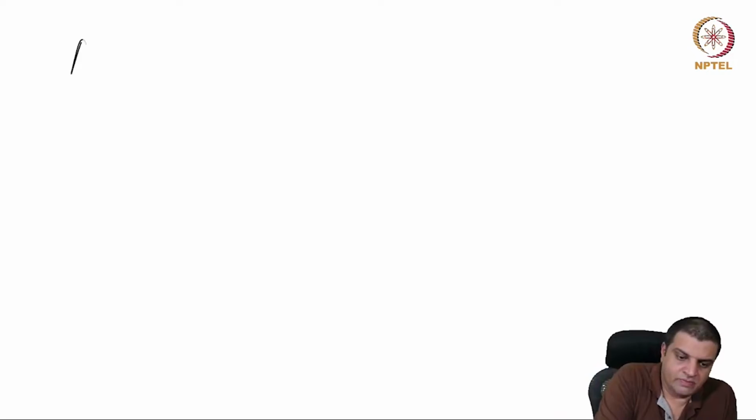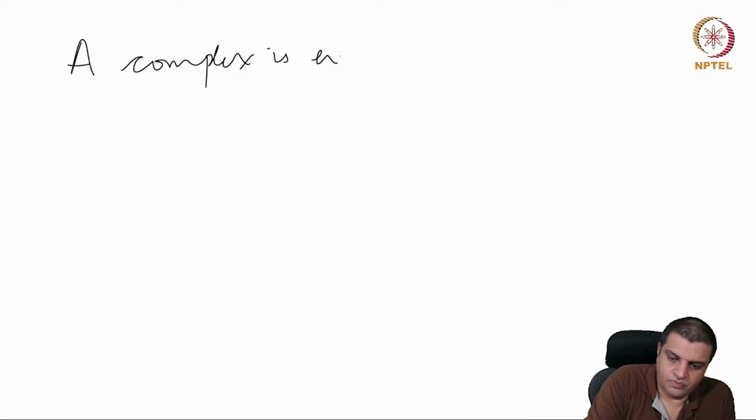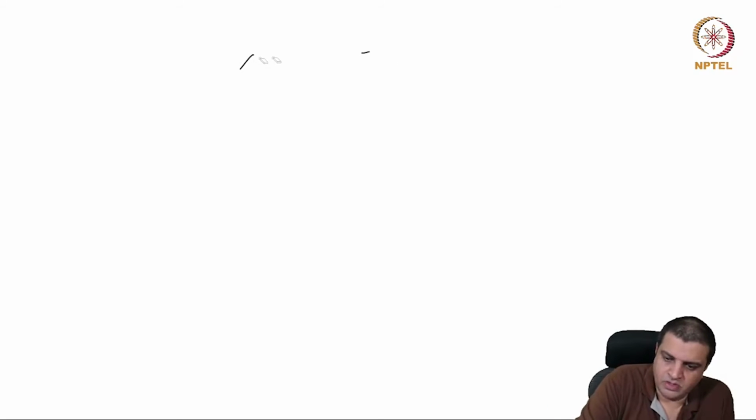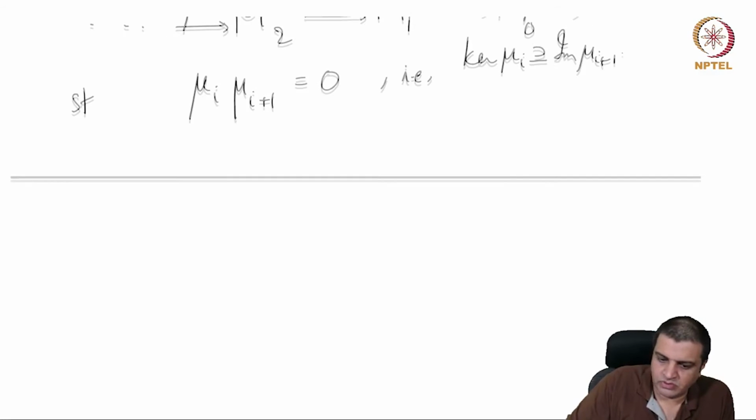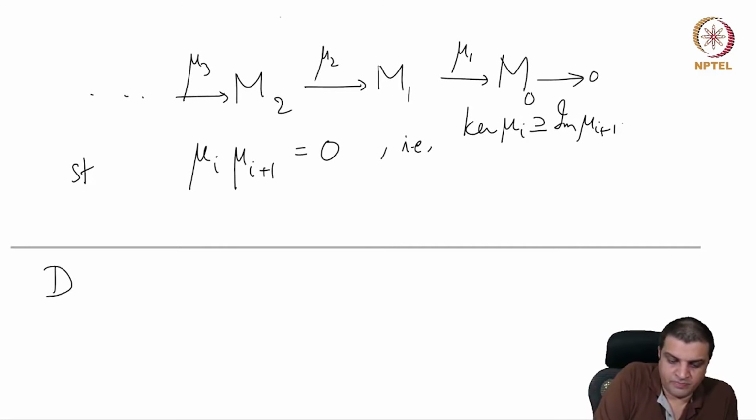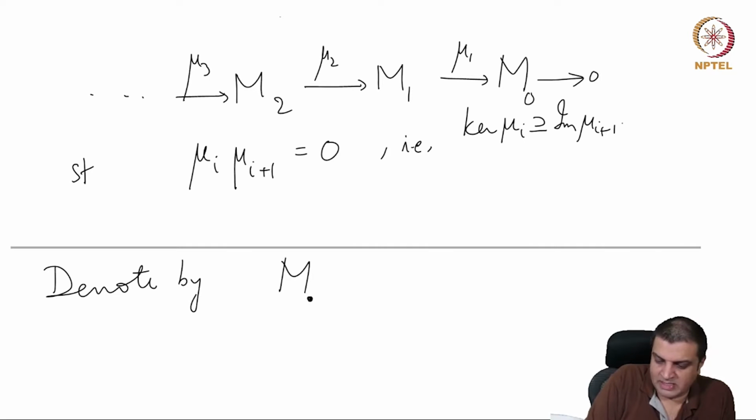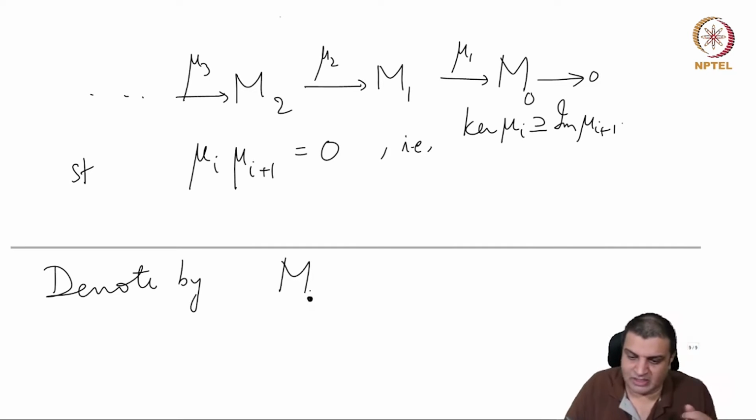And we say that a complex is exact if... we'll denote this by M with a bullet, a thickened dot at the bottom.